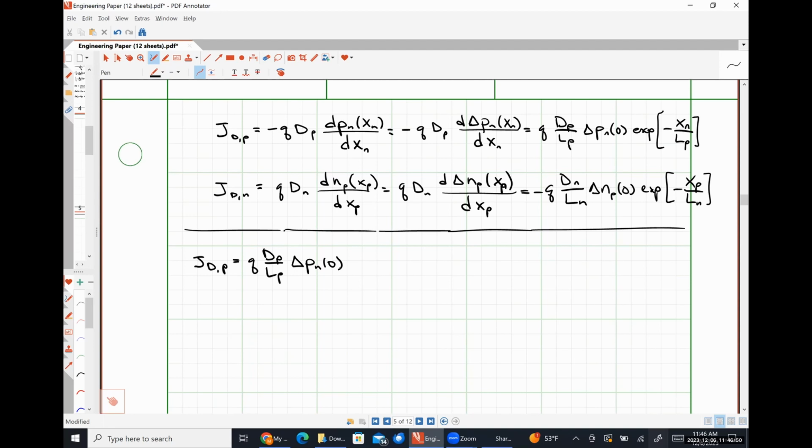I honestly cannot remember why I get to throw it away, other than perhaps we're just looking at the density at a specific location. If we looked at it at 0, the exponential term would just look like 1. So I'm just going to assume that's what we're doing here, because I honestly didn't tell myself what I was doing. We'll go with this for now, and I'll try to sort it out before the next class meeting.